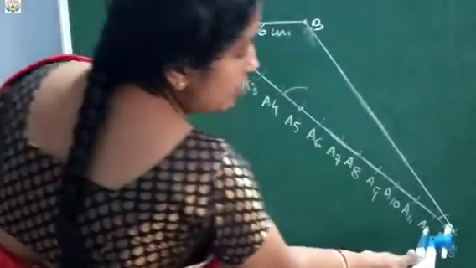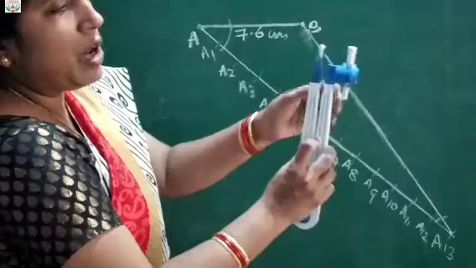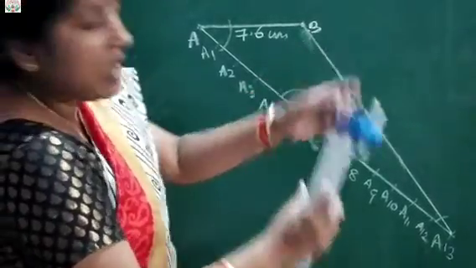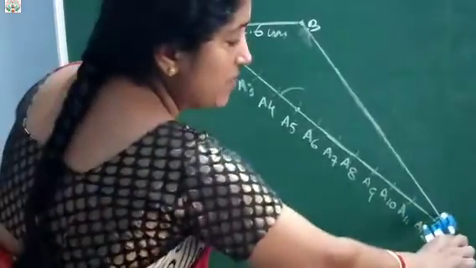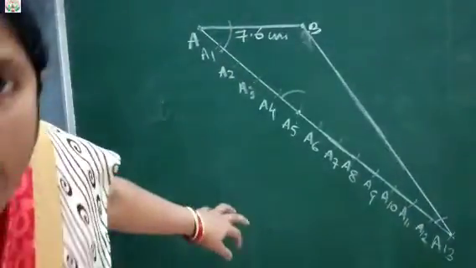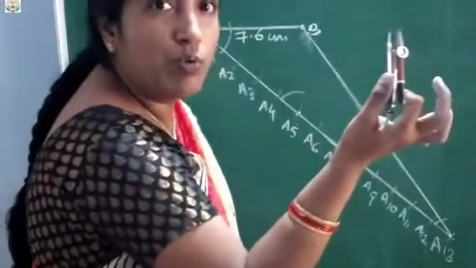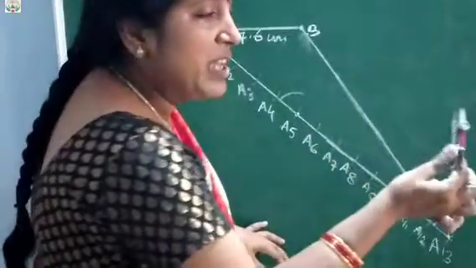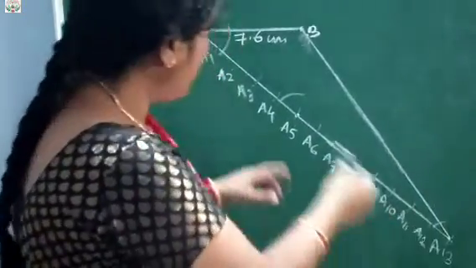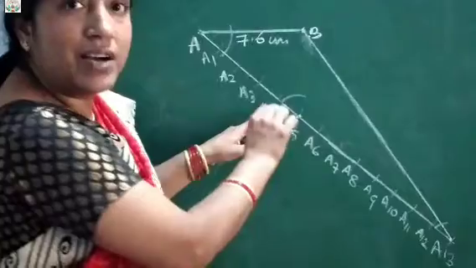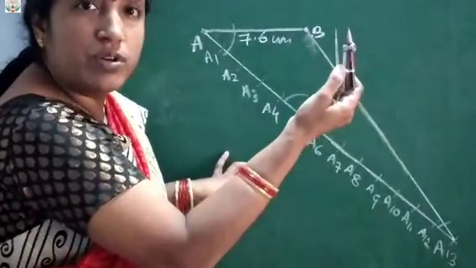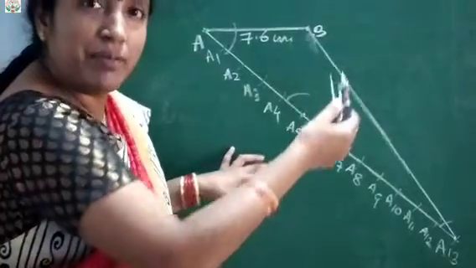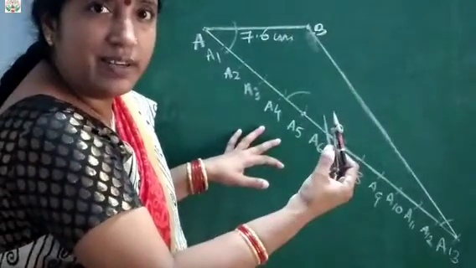Now you can see my compass gap is too much, but the angle here is too small, so I can't measure with this. I have a pencil compass, which you may have at home. This is small, so I can measure and cut the arc with it. After that I will again use chalk and scale.